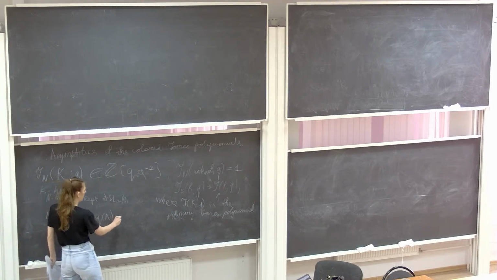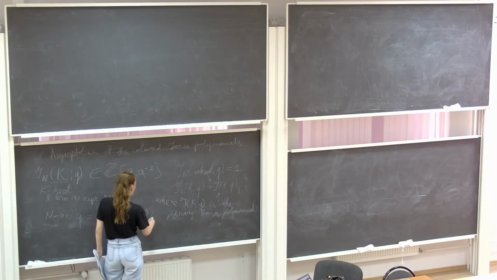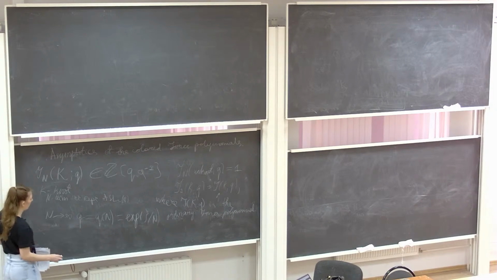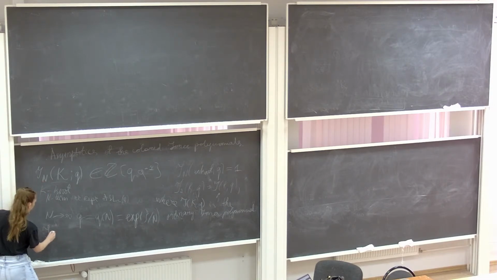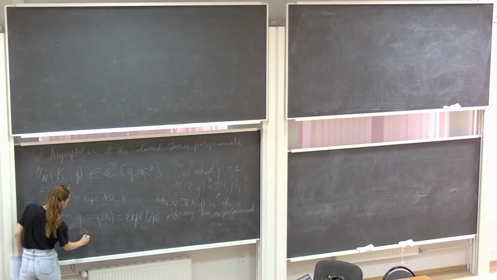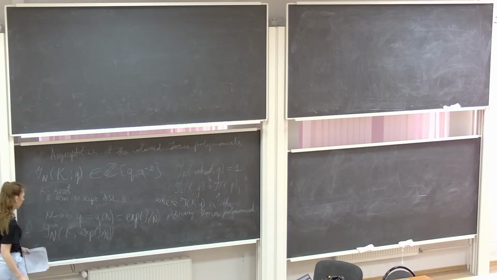Usually it will be something like the exponent of some xi divided by n. So we're going to study something of this form for different xi.